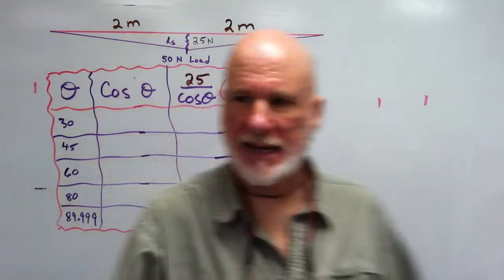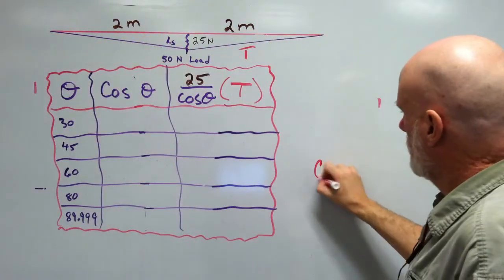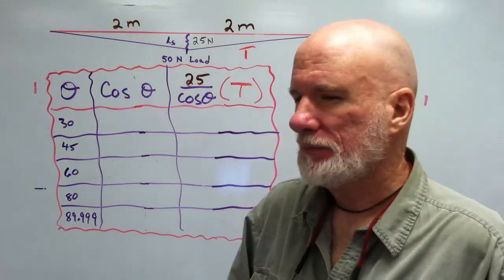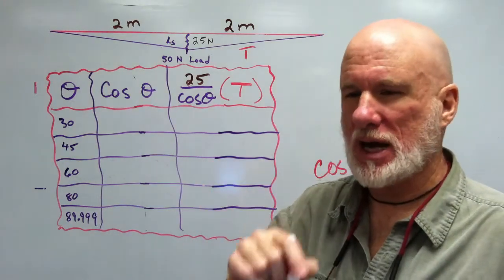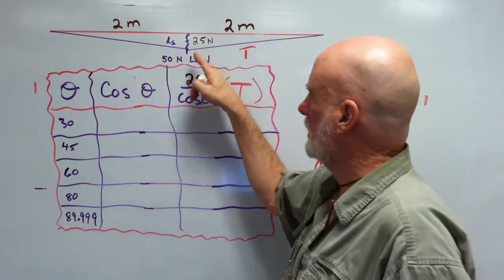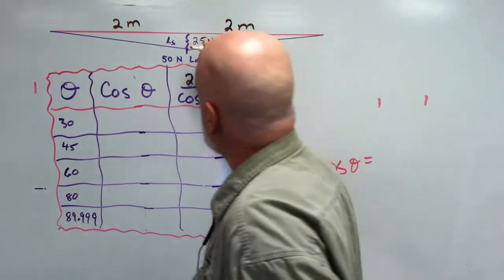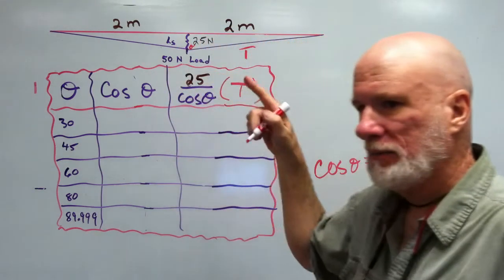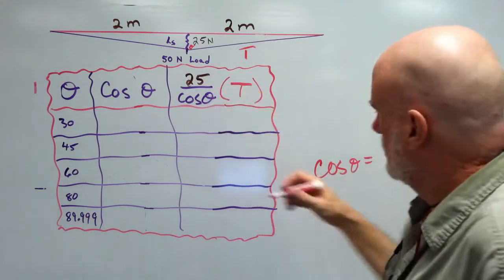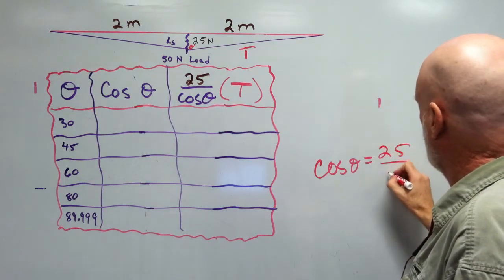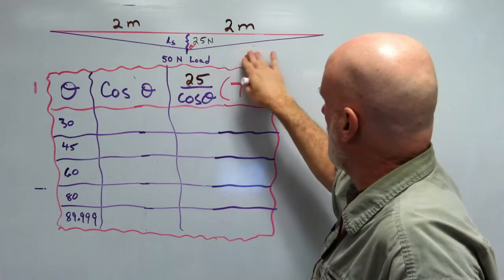So if we look at T, we know that cosine theta equals what? That's the angle there, theta. It's going to be adjacent, 25, over, we'll call this FT, shall we?